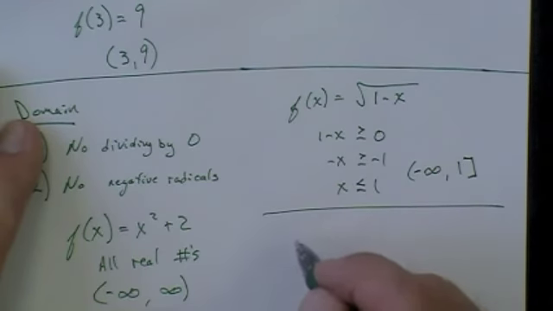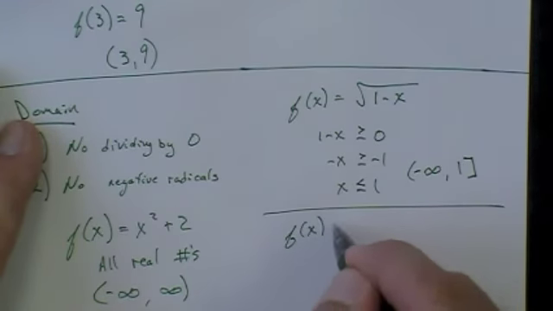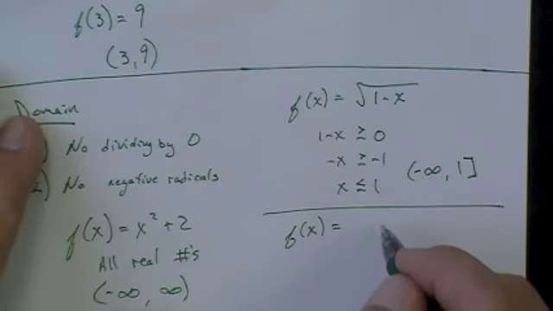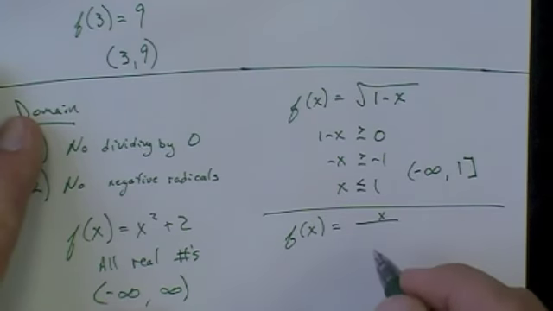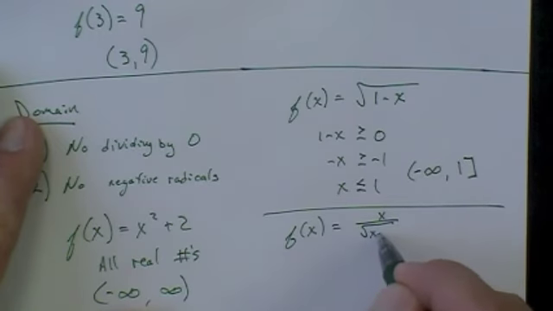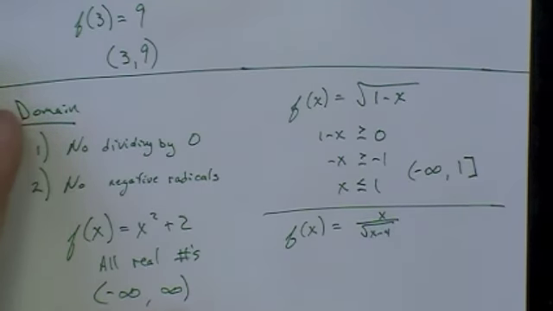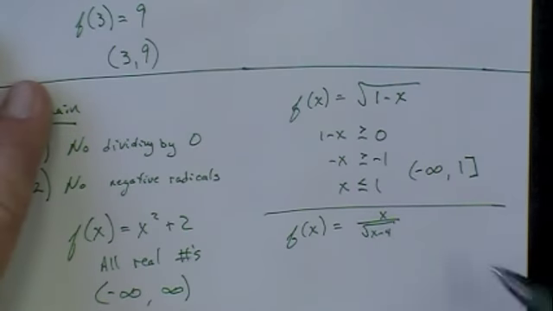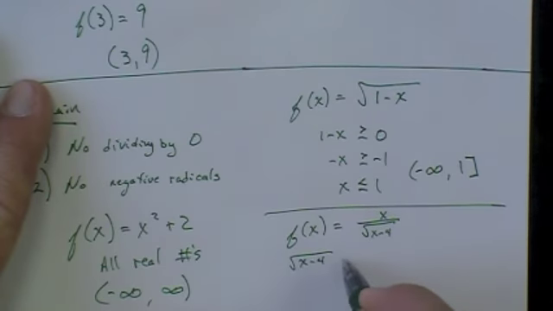Let's say that we have f of x is equal to x divided by square root of x minus 4. Okay, we have a couple different things that we're looking at here. First of all, we can't have 0 on the bottom of our fraction. So we're going to say that the square root of x minus 4 cannot equal 0. What we really need to look at there is that the x minus 4 cannot equal 0.